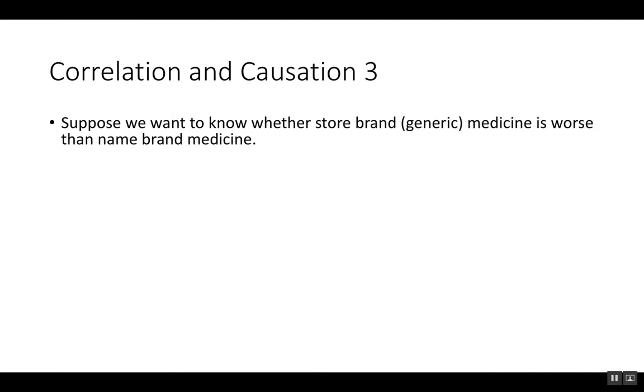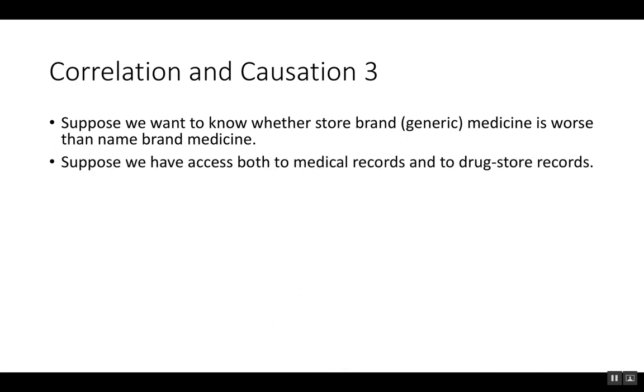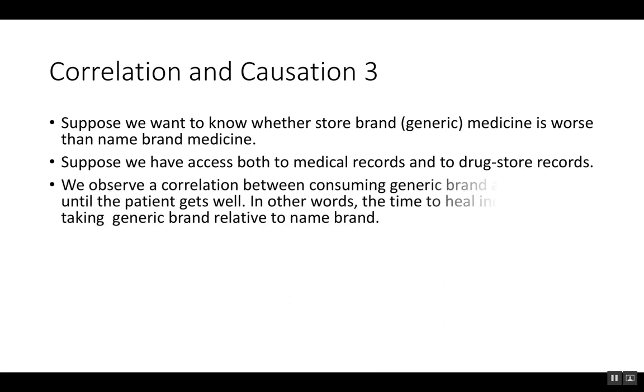Here is another example more from real life. Suppose that we want to know whether a store brand medicine is worse than a name brand medicine. Suppose we have access to both medical records and drugstore records. We observe a correlation between consuming generic brand and the time until the patient gets well. In other words, the time to heal increases when taking generic brands relative to the name brand.